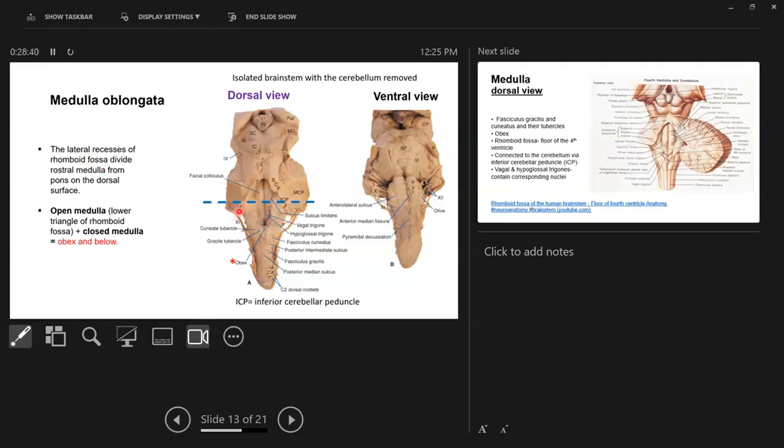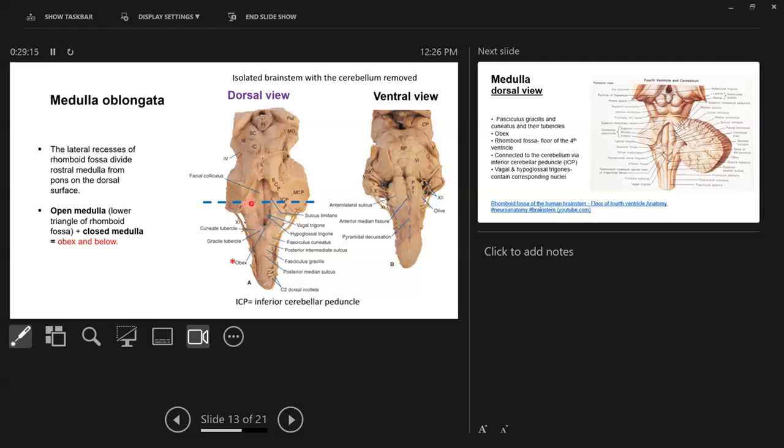One on each side because, in fact, laterally, this will translate into the foramina of Luschka, the lateral openings of the fourth ventricle, as the fourth ventricle is communicating with the subarachnoid space. So that anatomically corresponds to the lateral recesses of the rhomboid fossa, and hence the fourth ventricle itself.